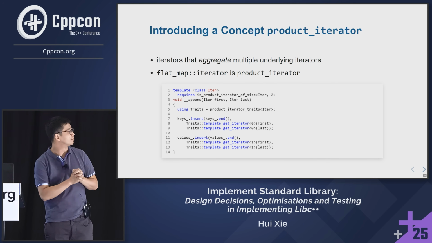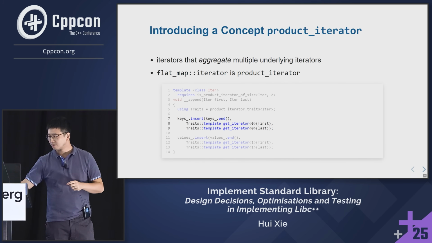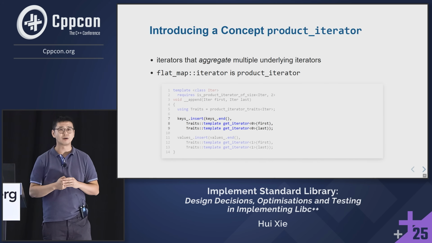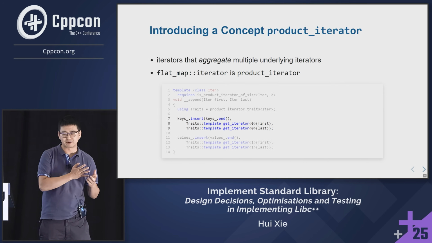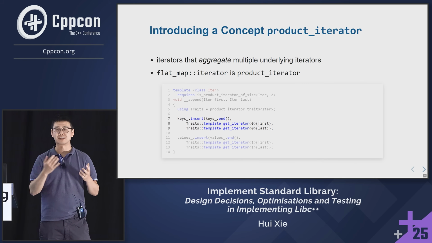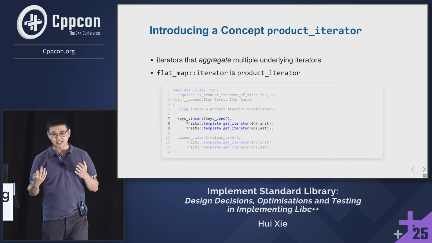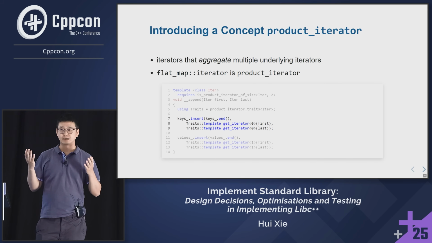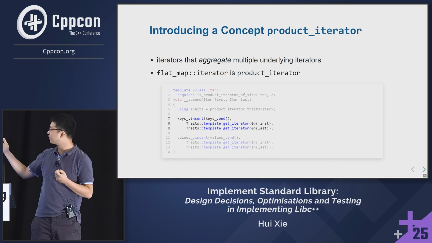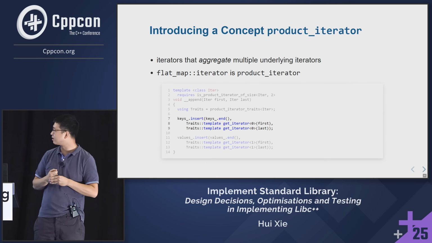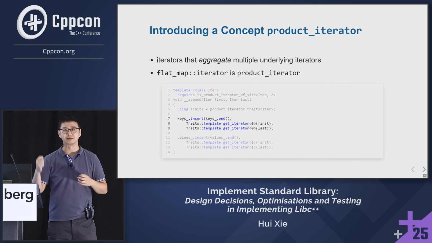If your inputs happen to model this product iterator concept, we can ask the trait, can you unwrap this product iterator and give me the underlying zeroth iterator and first iterator? I mean, because flat map iterator has two iterators. So with this technique, the trait will unwrap the flat map iterator into a key vector iterator and a value vector iterator. Then we can call the ranged overload. And with this overload, we're going to benefit from the existing optimization where we can memcpy the whole thing into the vector.